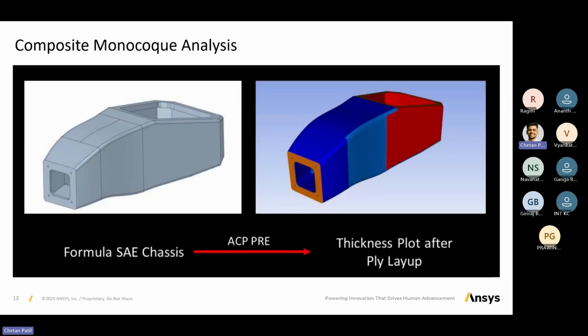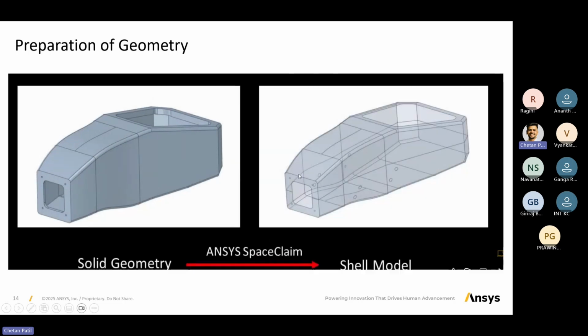We'll discuss those things and then plot the thickness, so we can figure out how the ply layup has been created, and whether the thickness that we have already generated for a solid model is applied through the composite or not.